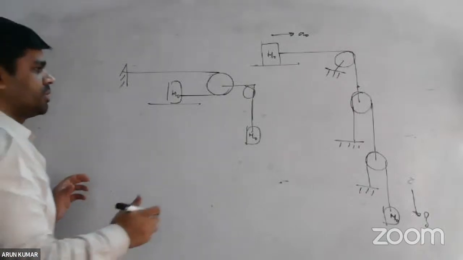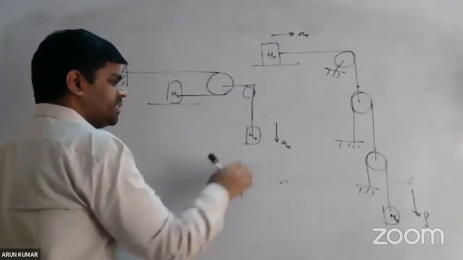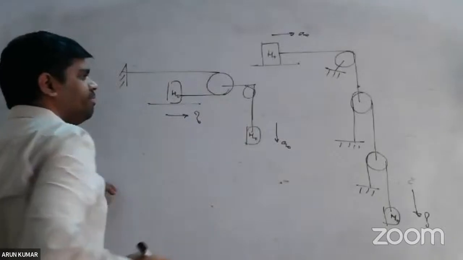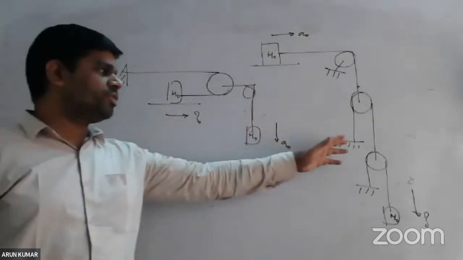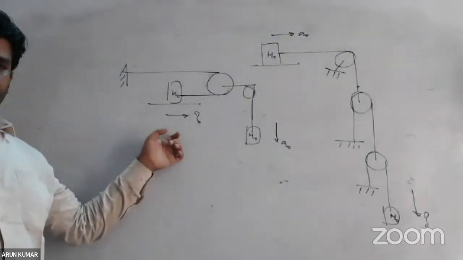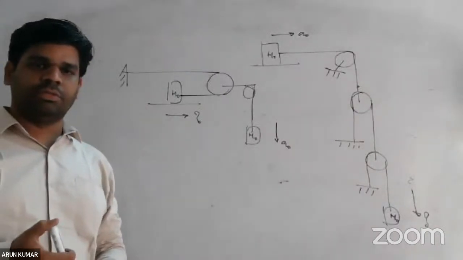How to find the acceleration of the blocks? If this is A naught, I have to find the acceleration of the blocks, the other will be according to the constraint. Now draw the FBD, write F is equal to MA. Right, these two problems you try. Even if you don't want to try this one, that's okay. Try this one. Alright? Okay, sir.